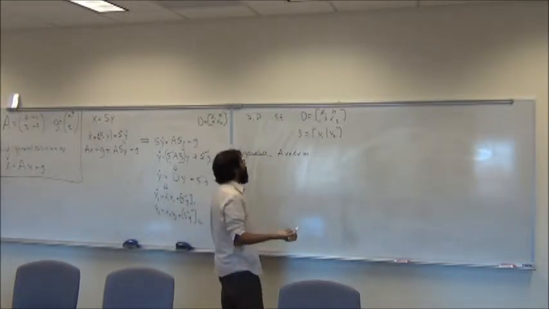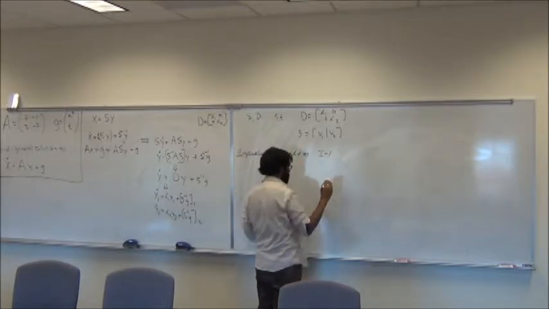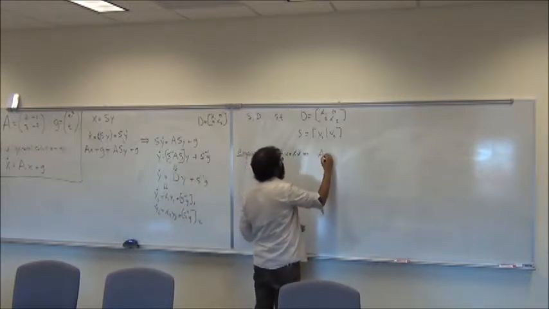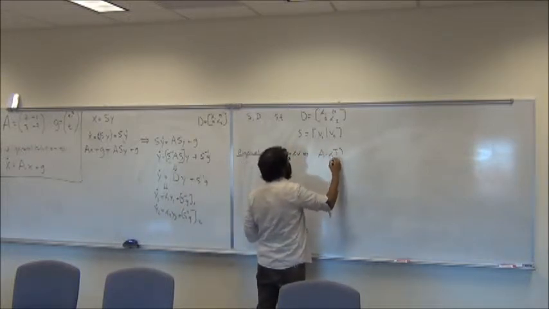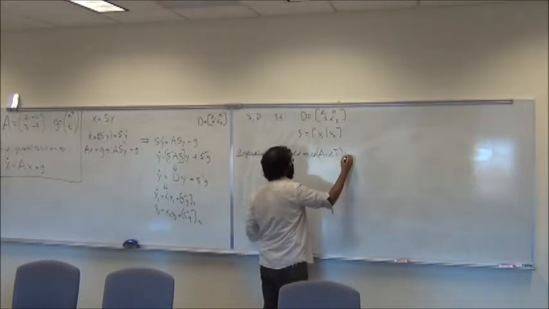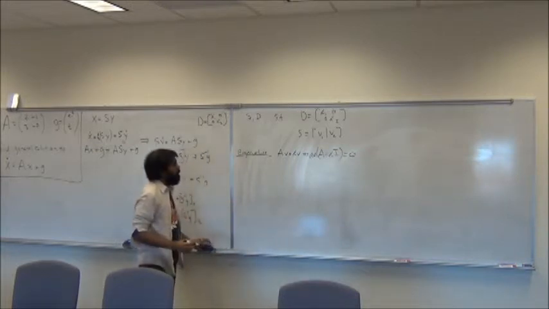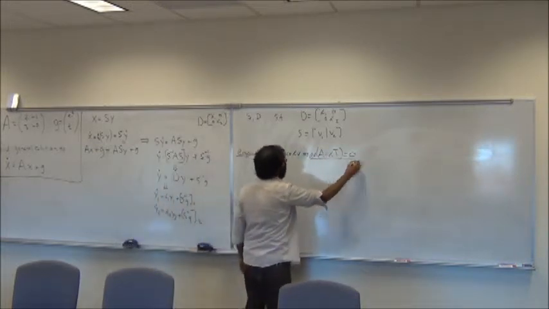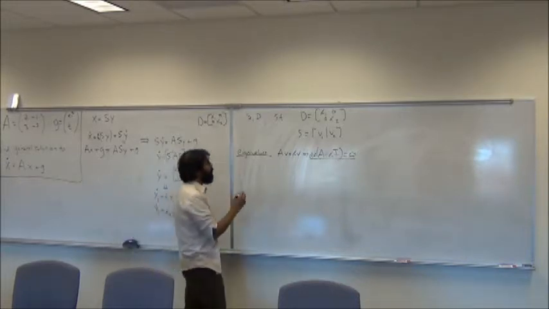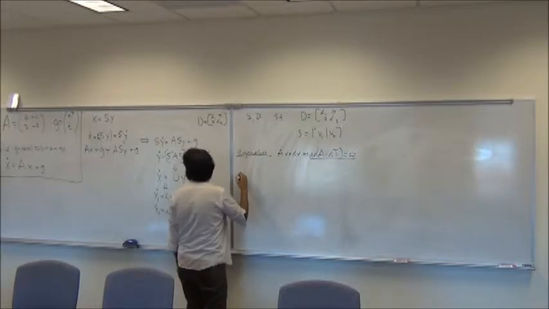The only way this is possible is if A minus lambda I is singular. And the way we can make sure that it's singular is we impose the condition that the determinant is 0. So this is what we're going to look for to construct our characteristic polynomial. Okay, and so let's write that out.